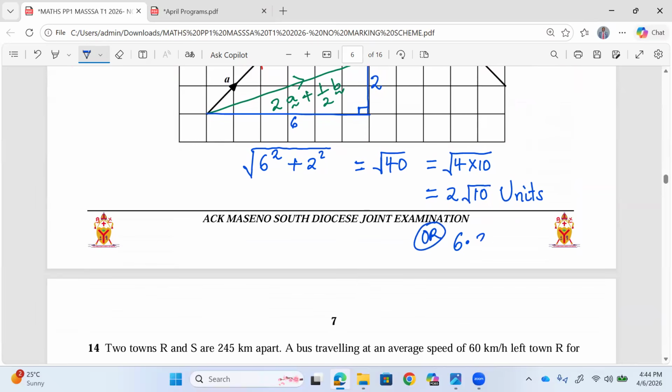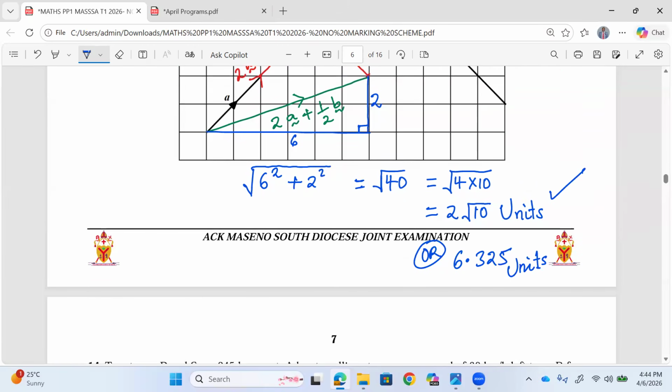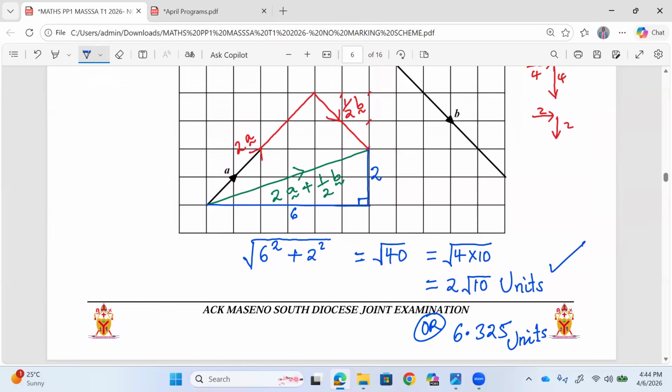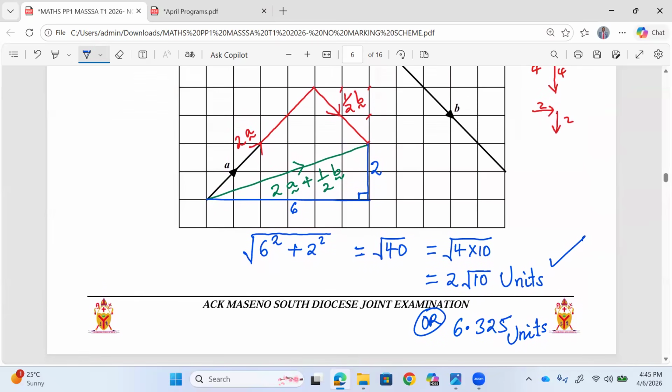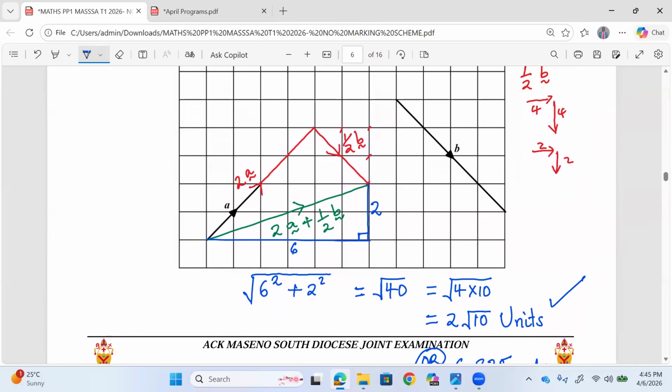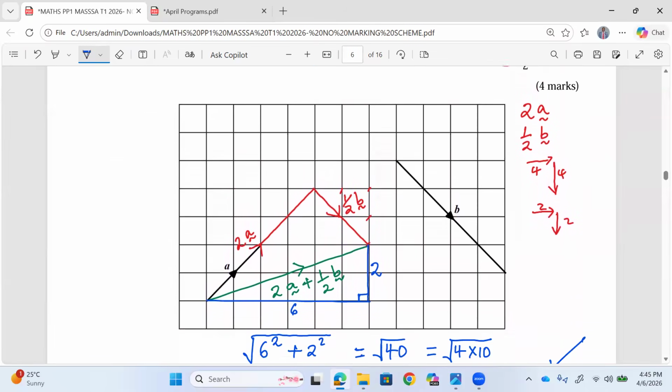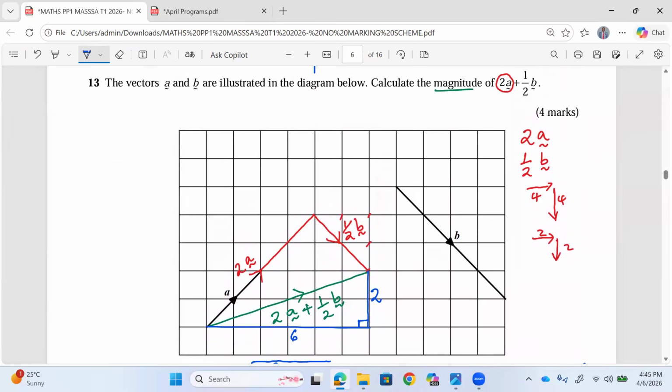So 6.325 units to 4SF. But remember, this is the accurate answer. This is rounded off to 4 significant figures. So the answer is 2 root 10 or 6.325 units. Remember, this question can be done in an alternative approach.